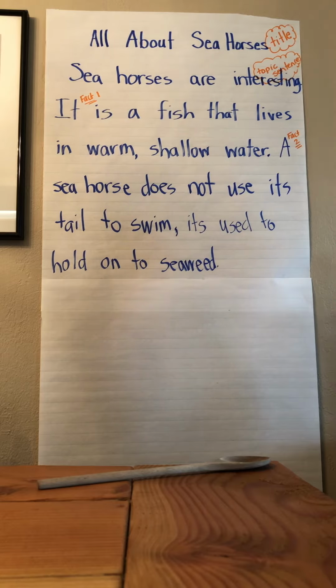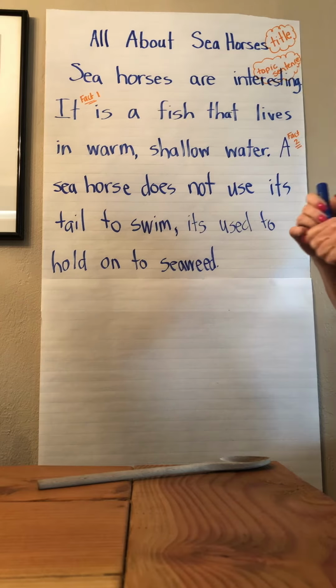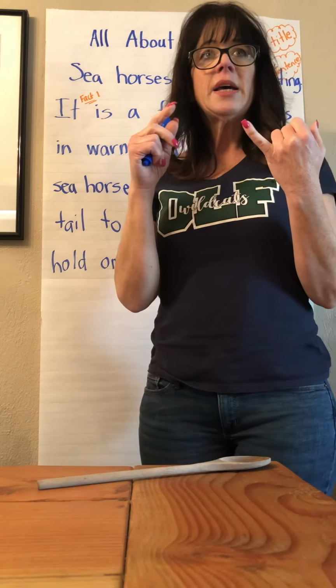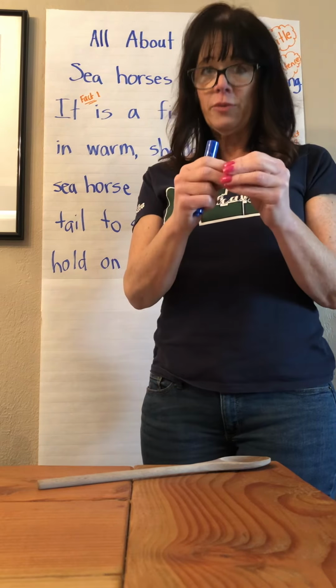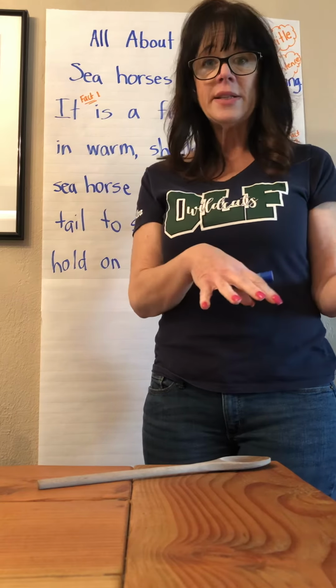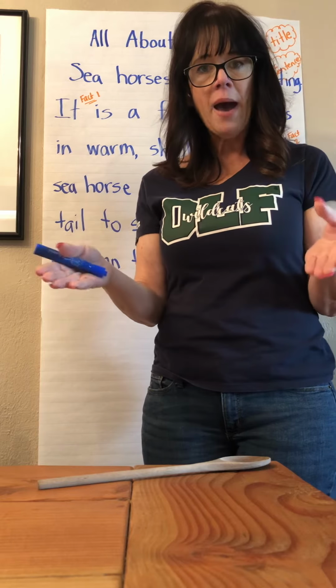And I remember when we read that book about seahorses, one of the things that we learned was that the female seahorse, which we know means girl, deposits the eggs into the male's pouch.